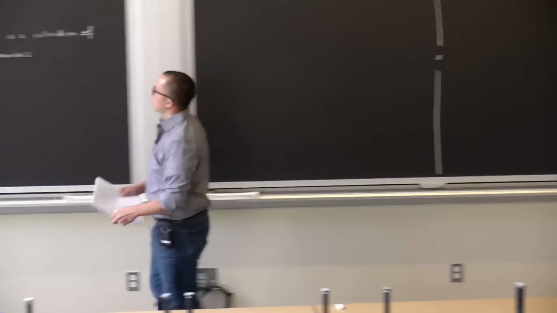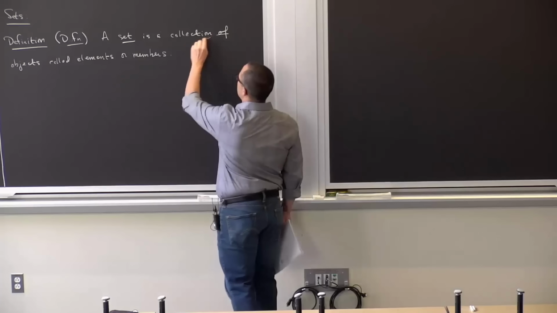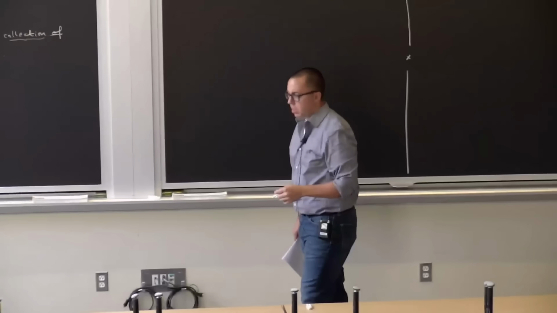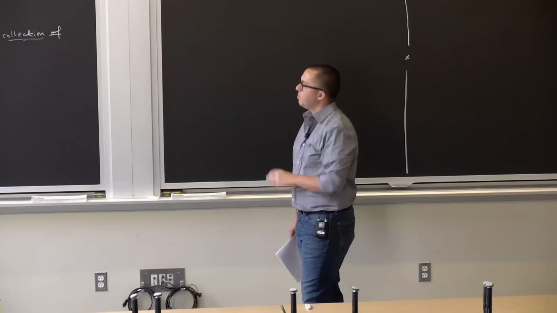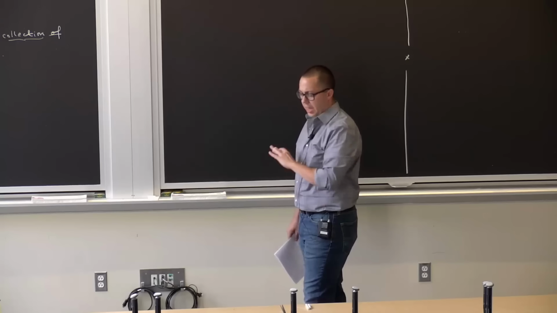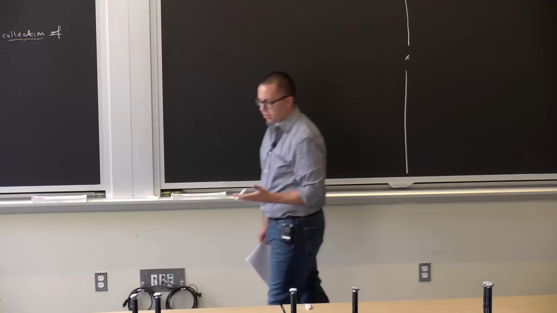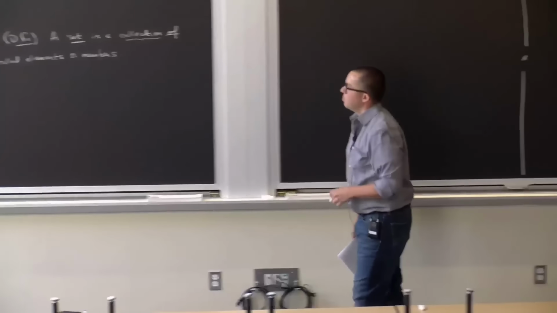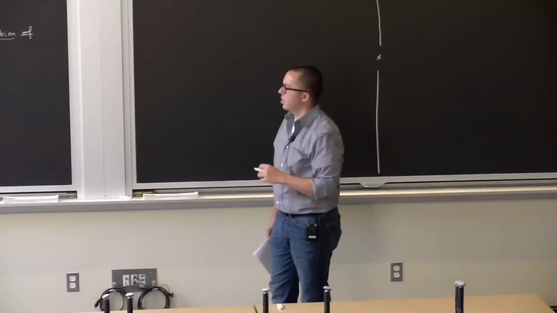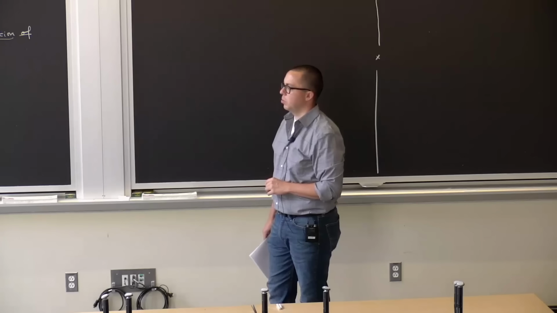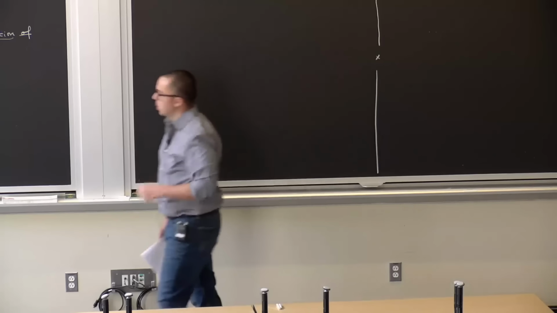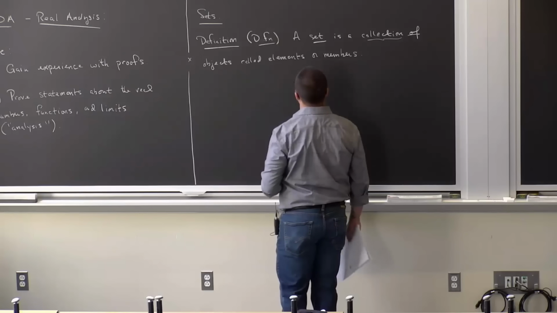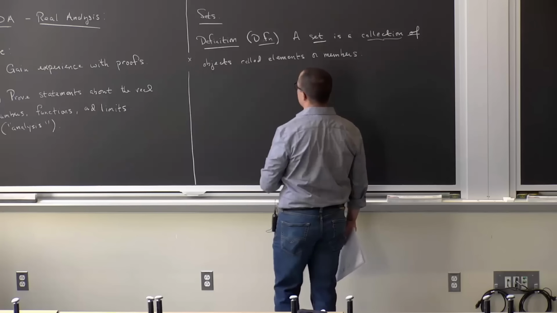And so maybe you think this word collection is a little ambiguous, and perhaps you should. But to actually build up set theory from the ground up would take us quite beyond the scope of this class and too far afield of the things that we want to do, or at least that what I want to do. Okay, so a set is just a collection of objects called elements or members.